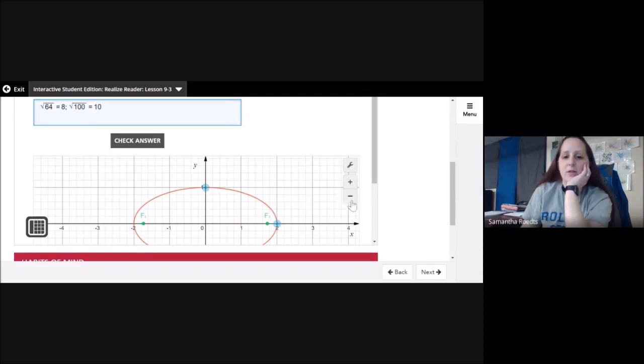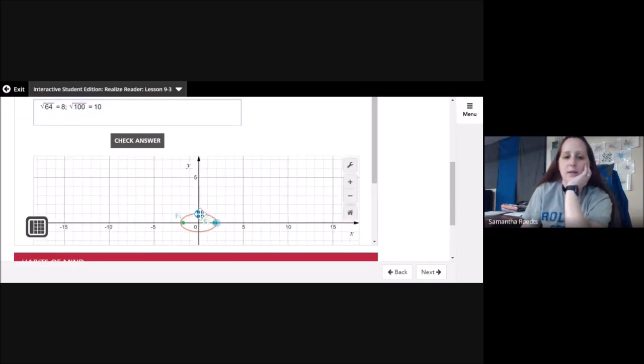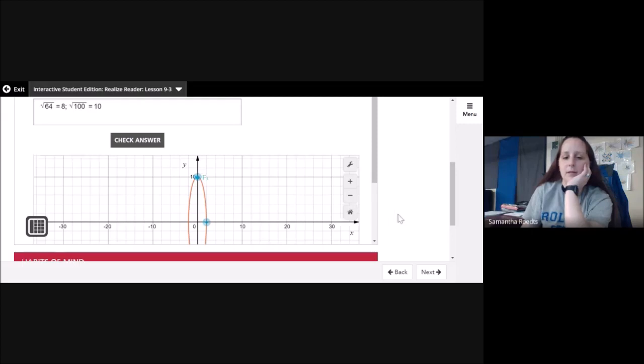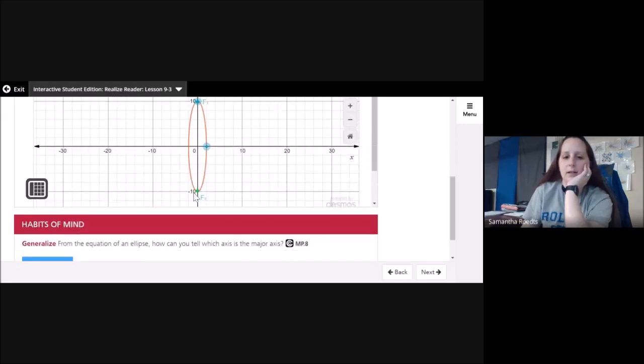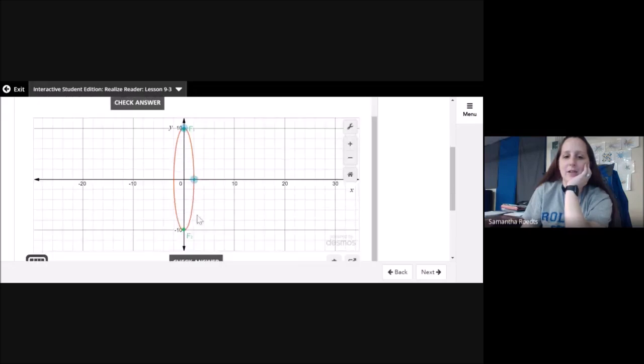So I'm going to have (0, 10) and (0, -10). Okay, and then my other points are at (8, 0) and (-8, 0).